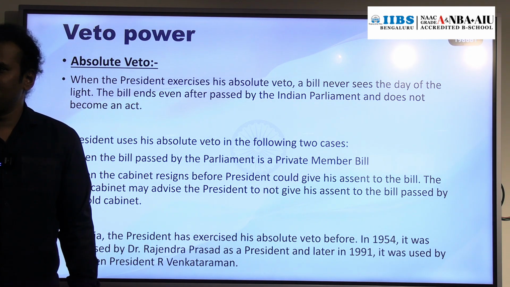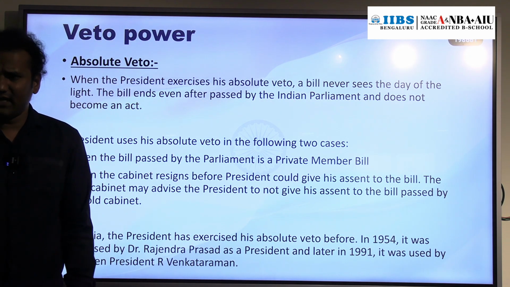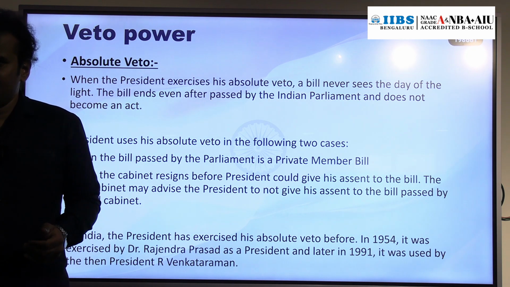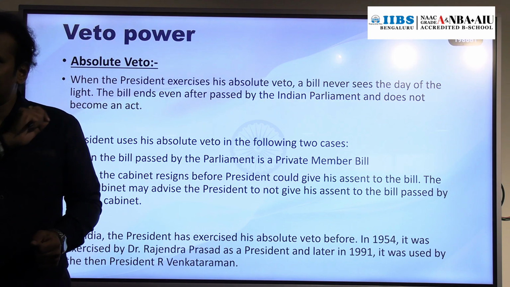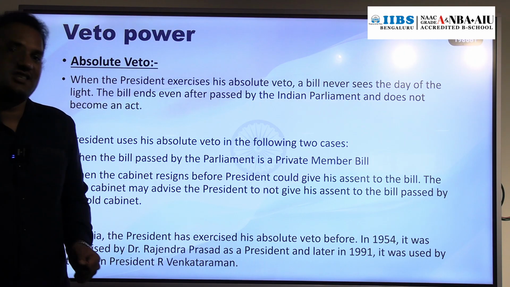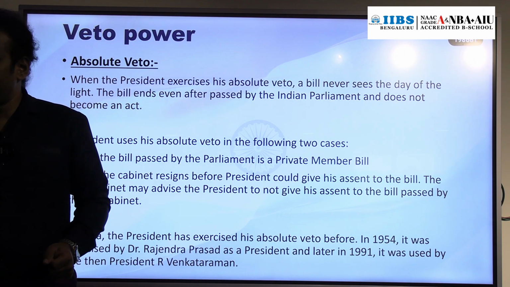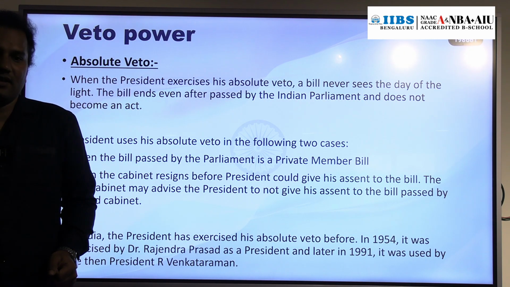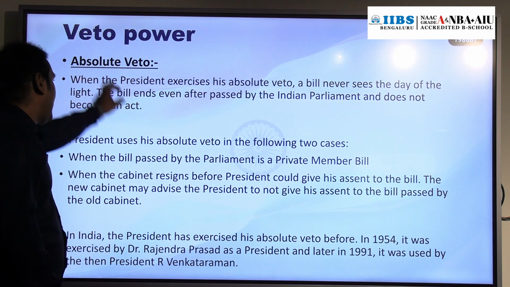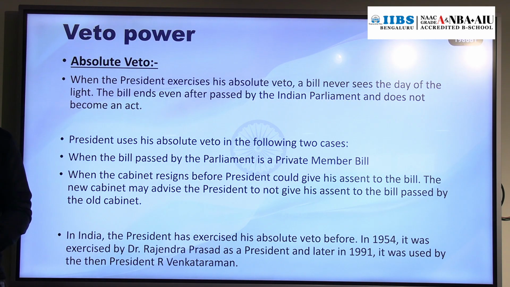The president doesn't give assent, doesn't keep the bill, and doesn't return the bill. Simply, the president rejected the bill. Then the bill will become dead from the day of its rejection. That power is nothing but an absolute veto.